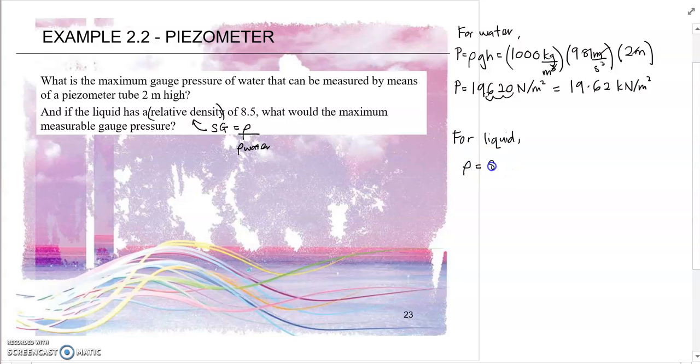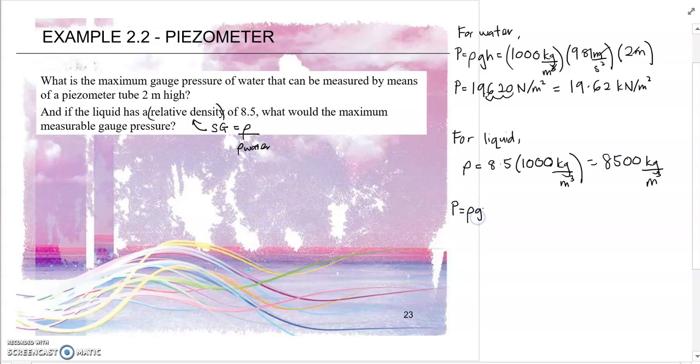It's 8.5 multiplied by 1000. Don't forget the unit, kg per meter cube. So it is 8500 kg per meter cube.